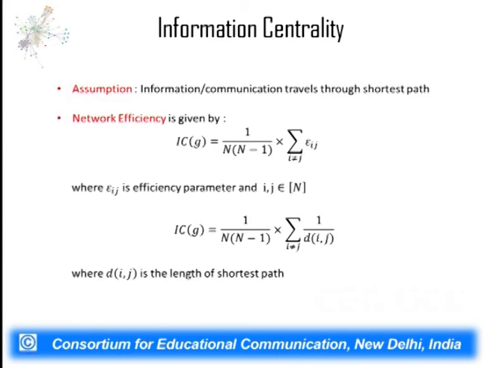As for example, we have taken E_ij as the inverse of the shortest path. Of course, it can be changed and you can get a different information centrality according to the graph or the type of application you might be applying it to. This is a particular version where E_ij, the efficiency parameter, is taken as the inverse of the length of the shortest path.